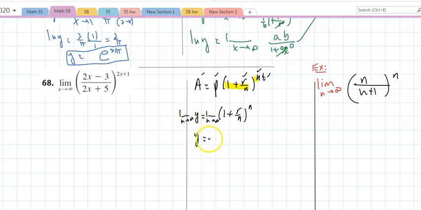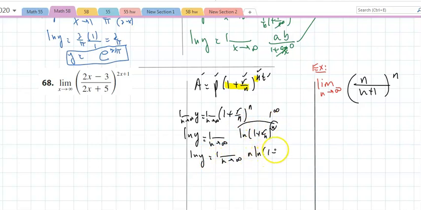That would be y equals, this is 1 to the infinity. So when I take natural log of both sides, I'm really looking at natural log of 1 plus r over n to the n. This is natural log of y equals, by properties of logs, the limit as n approaches infinity of n natural log of 1 plus r over n. This is infinity times 0.